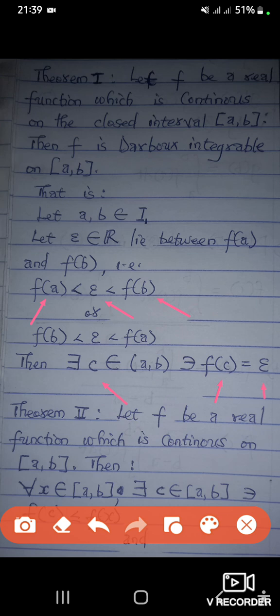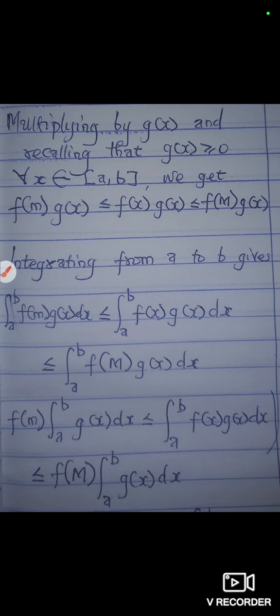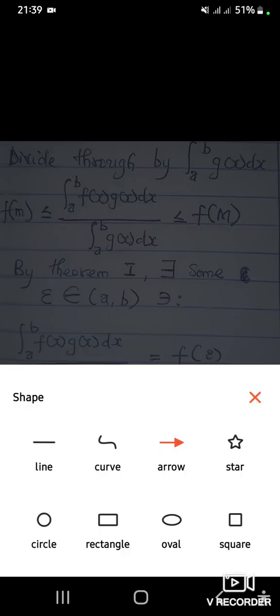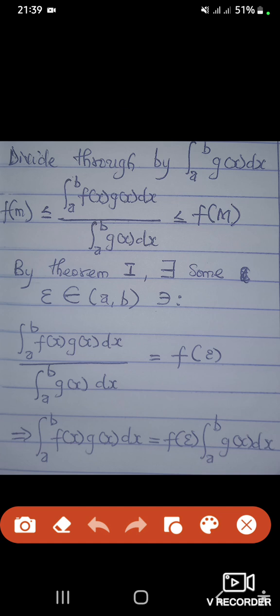Now let us go back to our proof. We have that this is at the center, and we have the two endpoints. Then by theorem 1, if this is true, then we can find some epsilon. Now epsilon is representing c.